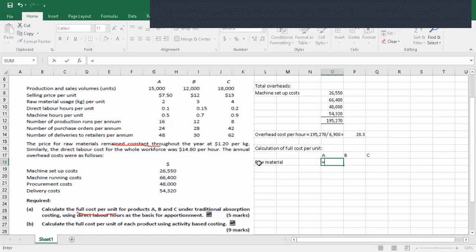Raw material usage per unit is 2 kgs per unit. So it will go as 2 into 15,000.